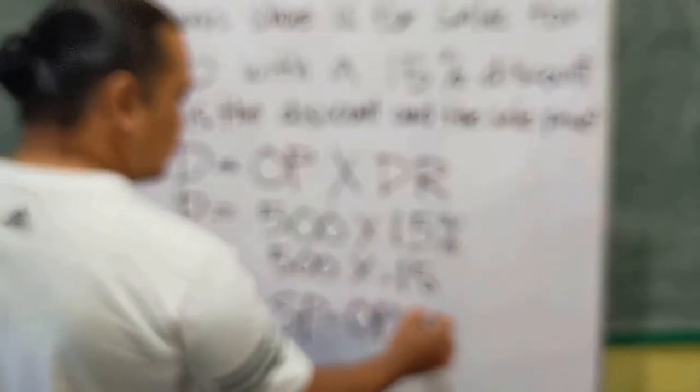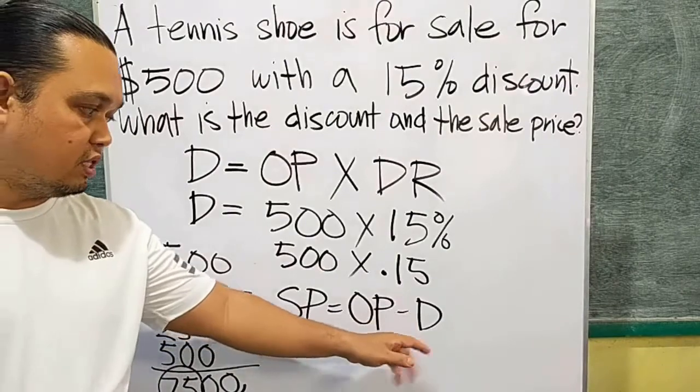Now how about the sale price? Now sale price, SP, is equals to original price OP minus D, or the discount. So again, sale price is equals to OP, or original price, minus D, or the discount.